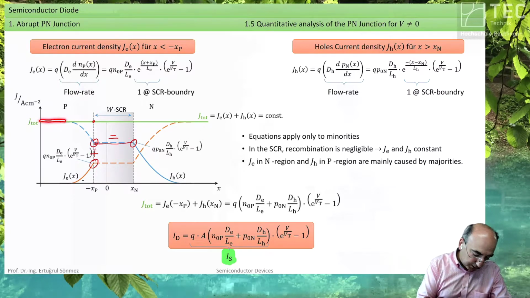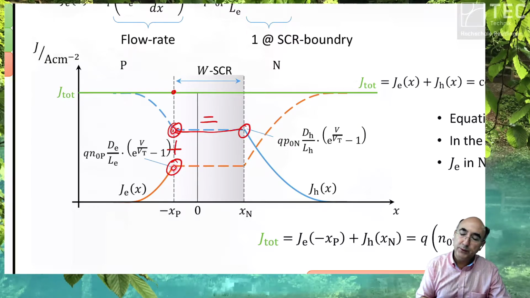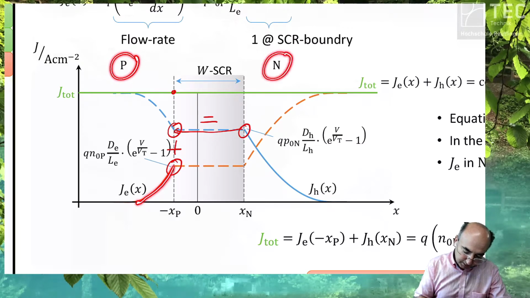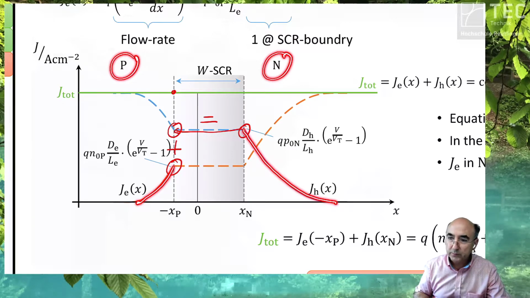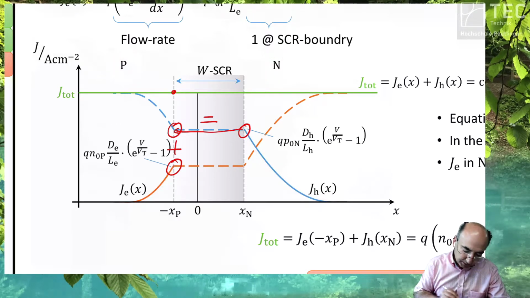But to get the full value, you need both values at one side. We are able to calculate at the p side the minority carrier concentration for the electrons, and at the n side the minority carrier concentration for the holes. But we cannot calculate the current density for the majorities. But we can say that the space charge region doesn't change the current density.